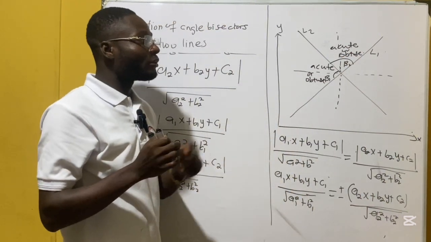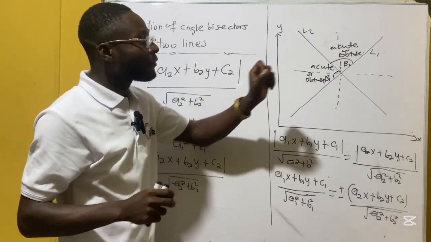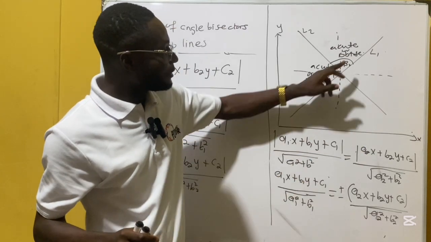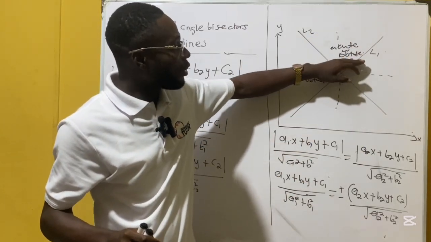So basically, the angles that fall between these two lines can either be acute or obtuse.